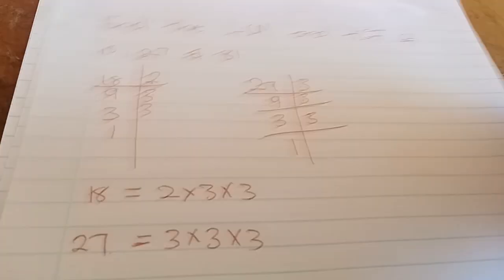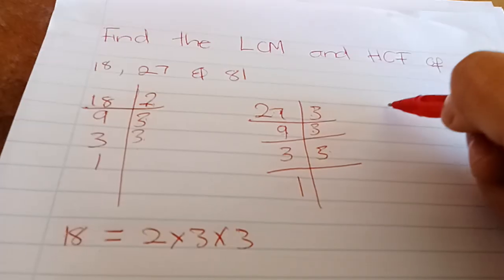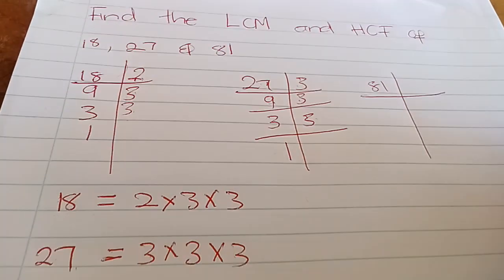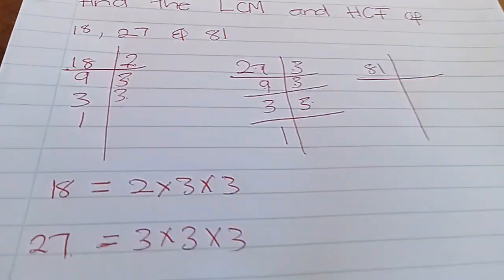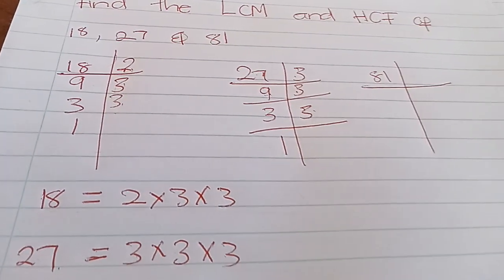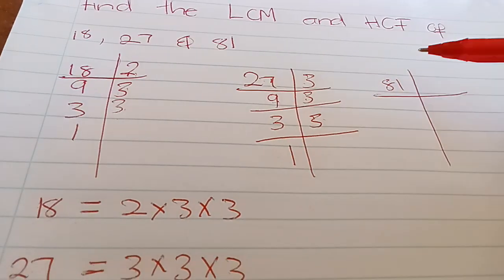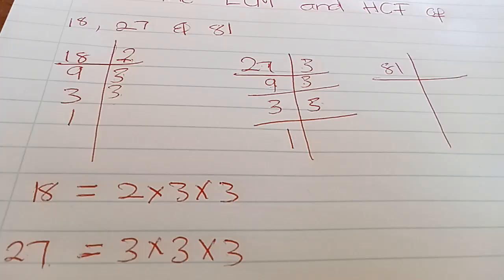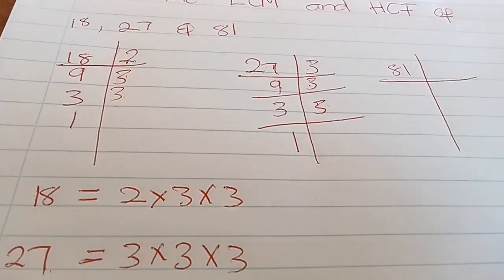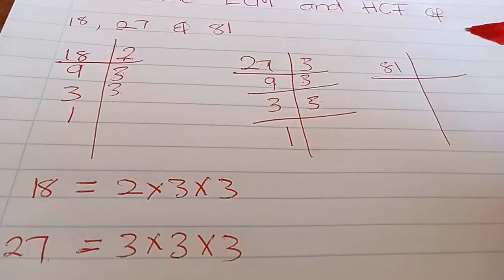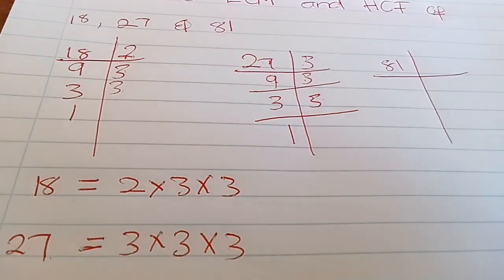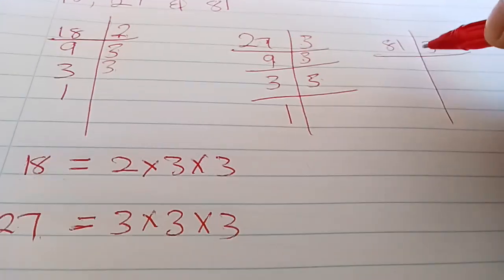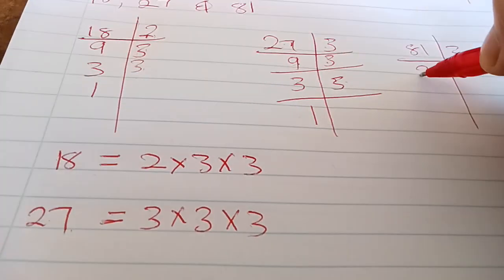So now let's do the same thing with 81. We are going to factorize 81 using prime numbers. We say the smallest prime number divisible into 81 is 3. 81 divided by 3, the answer is 27.